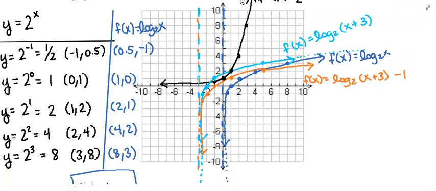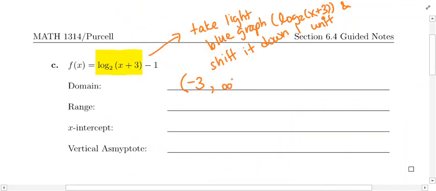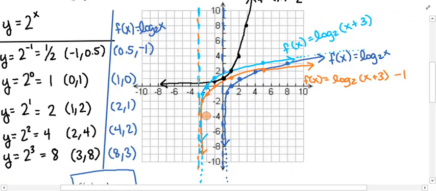So the domain is the same as log base 2 of (x plus 3): all real numbers strictly bigger than negative 3. You can plug any x value into this function that's bigger than negative 3. For the range, this is a logarithmic function, so the range will automatically be all real numbers. Your lowest point is going down, down, down forever. Your highest point is climbing very slowly, but eventually it will get to positive infinity.